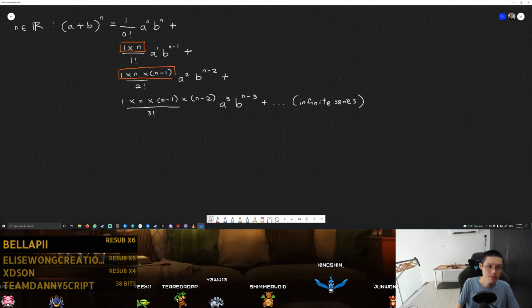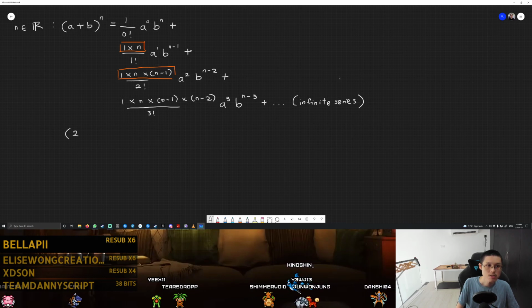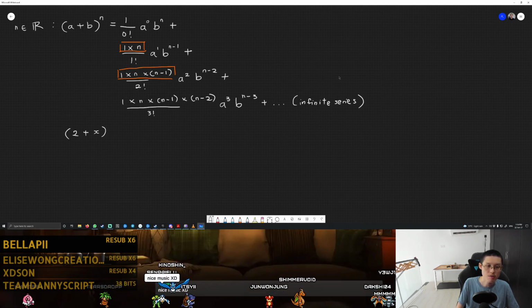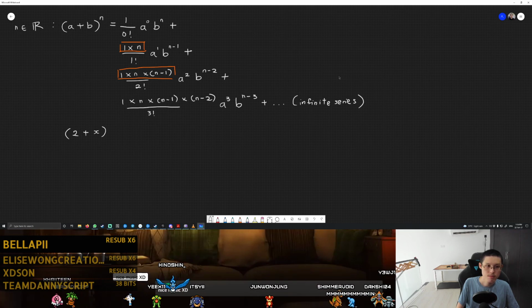Quick example. Let's say we have (2 + x)^(1/2).